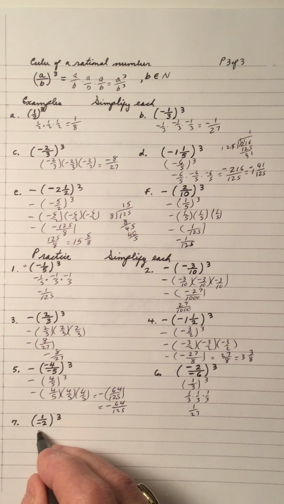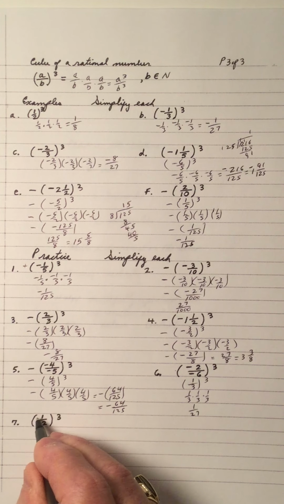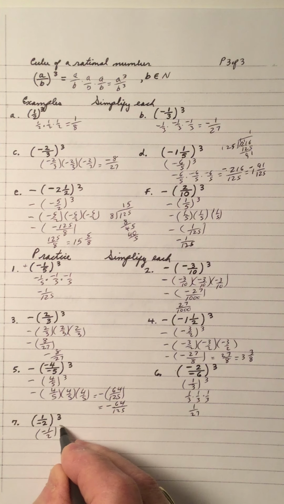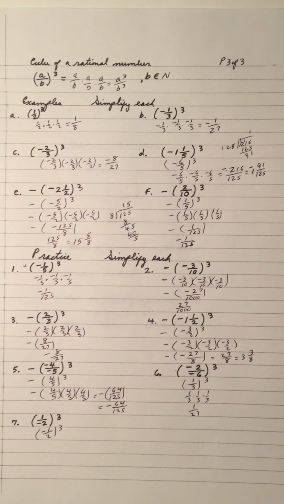And I have a negative in the bottom, so let's remove that and move it to the top. Positive divided by negative is a negative, so I can make that a negative 1 over 2. Again, no negative in the bottom. Simplify that first.